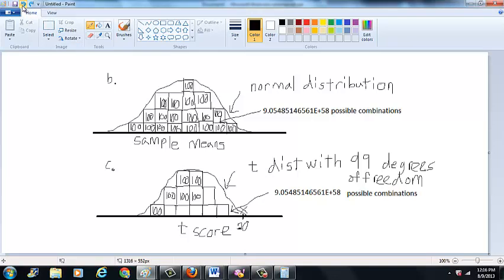Let me try to do this a little bit better. Our combination is under the curve, so I'll try to make an X under the curve right here. If it goes a little bit higher than the curve, it doesn't really matter. I'll just put an X down here, showing this is where our combination is.